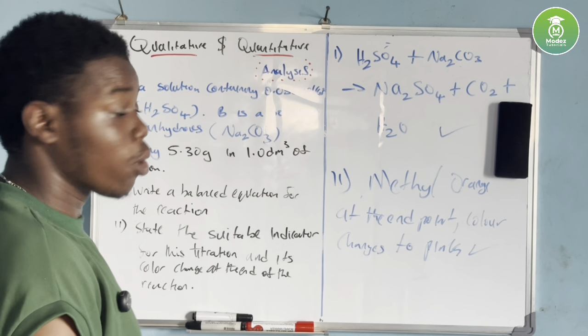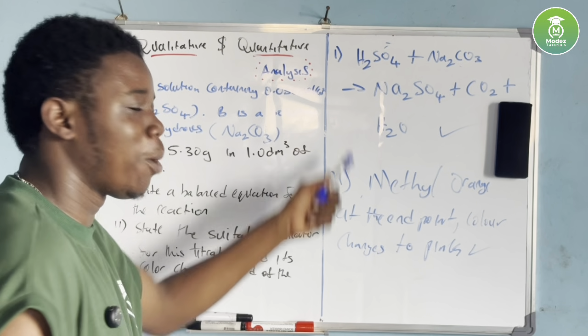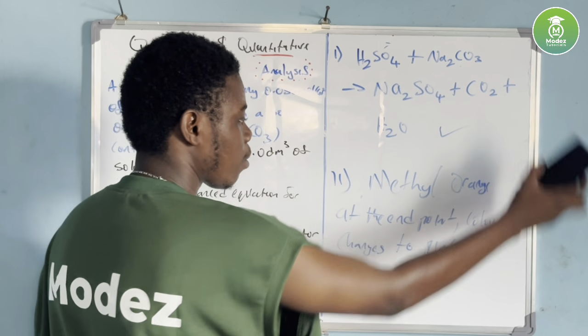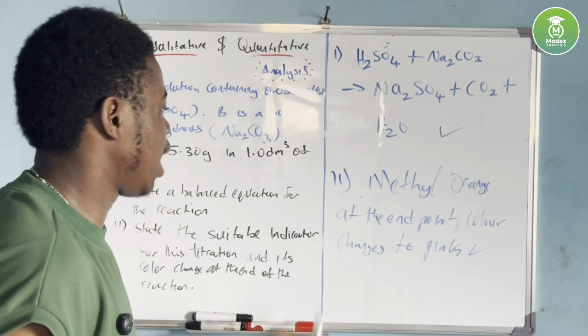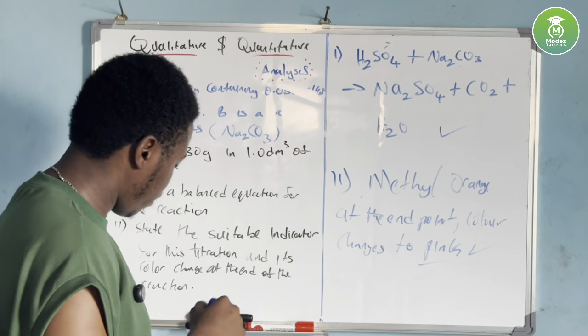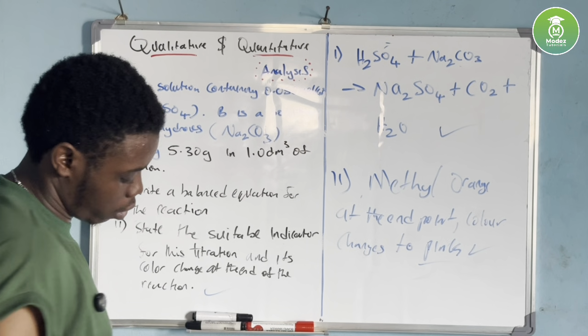So there are still more questions, but because there's no space, I hope you can see everything I wrote clearly. This is methyl orange, and at the end point the color changes to what? To pink. That is the answer for this question. Let's move.